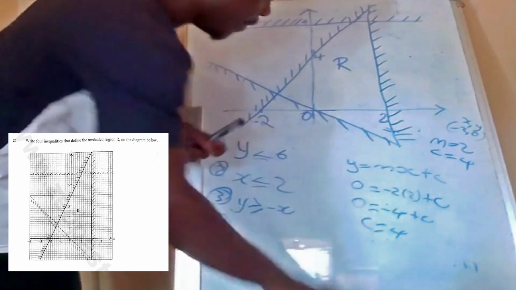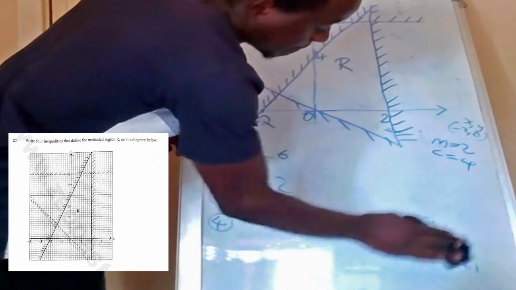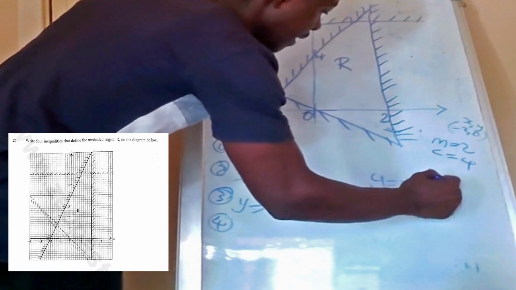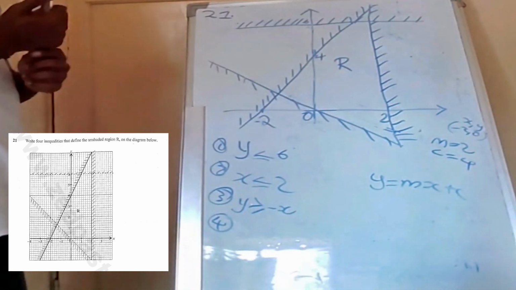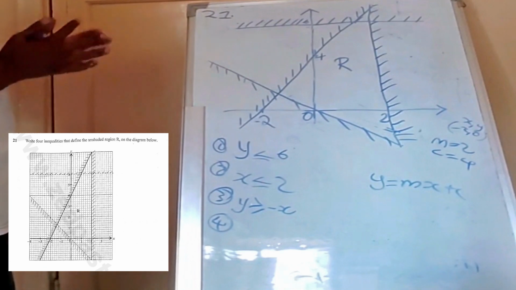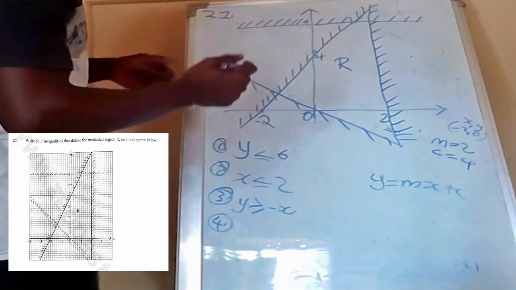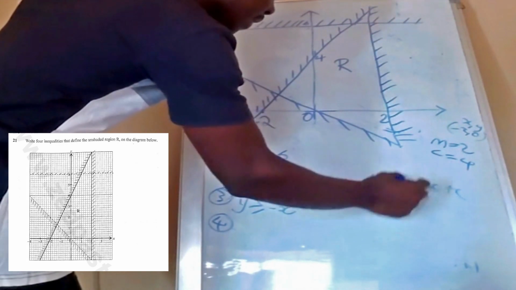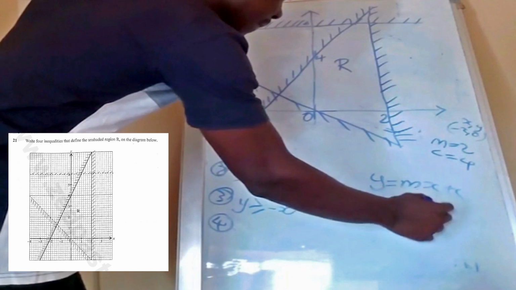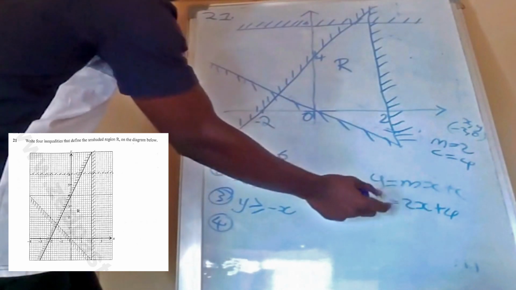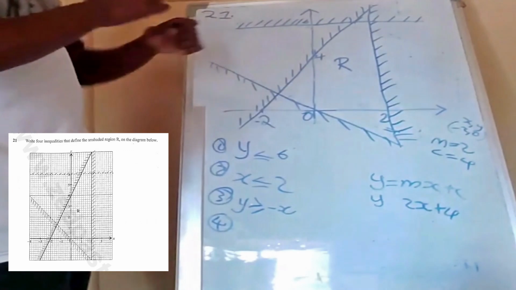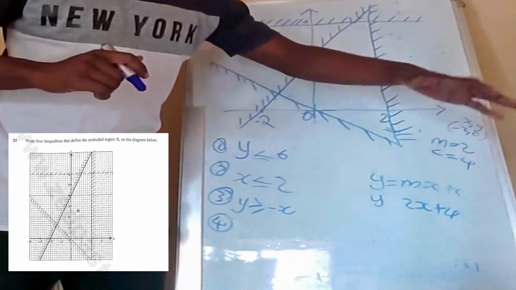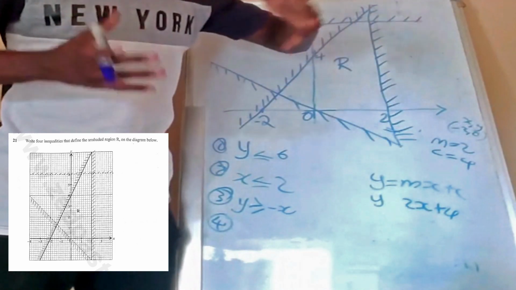Our equation of the line will be y equals mx plus c. Then we replace with what we have. What is our m? So y equals 2x plus 4. But this is not an equality. We have to remove this, and pick a point and replace it in there to see how our inequality will look.